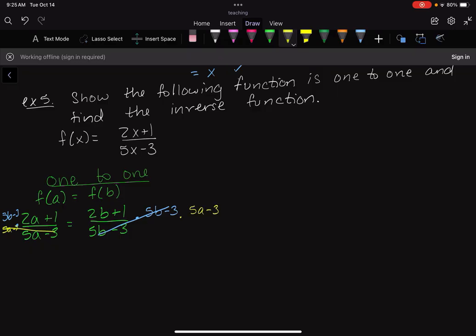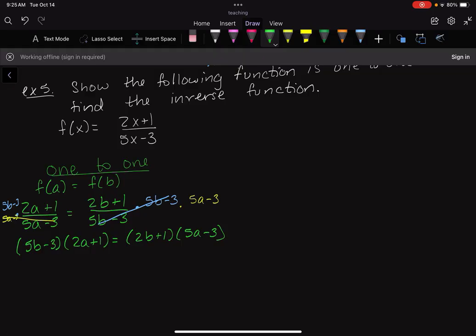Now we have to be careful here because we need some parentheses. So this is now 5b minus 3 times 2a plus 1 equal to 2b plus 1 times 5a minus 3. You may also know this as cross multiplying.